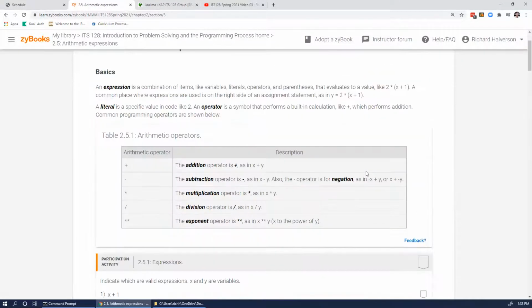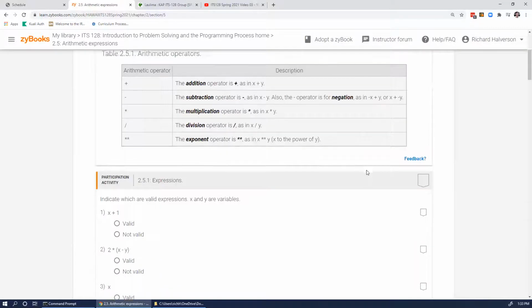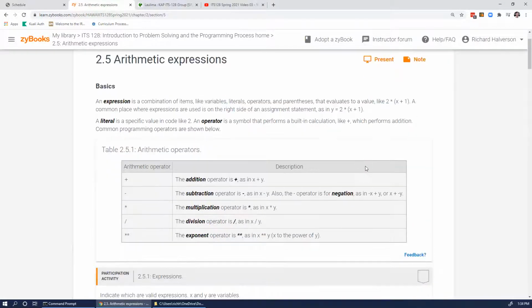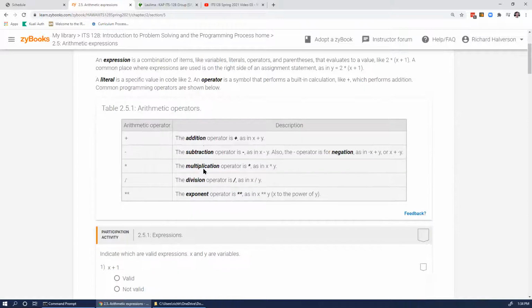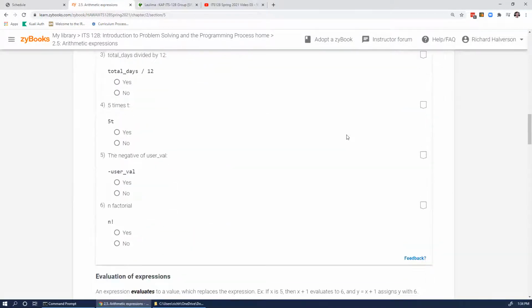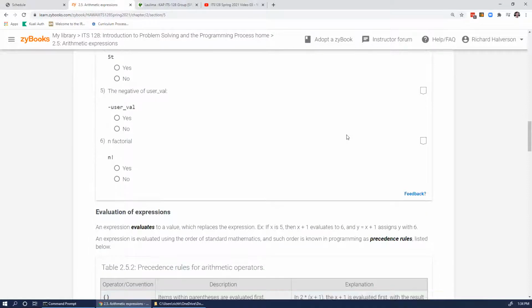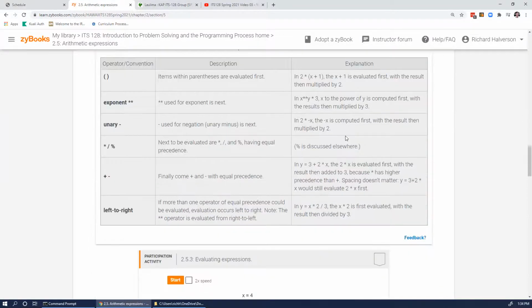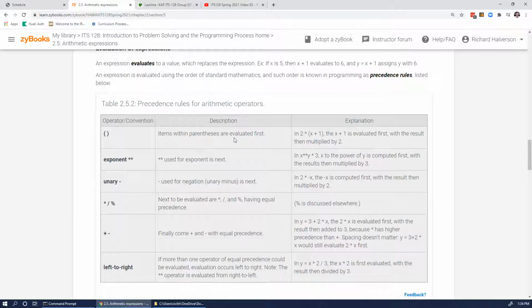Let's remind ourselves where we left off. We're just learning about the operators in expressions, and you should know all that. You know about parentheses. Multiplication is done with an asterisk. Exponent is two asterisks.